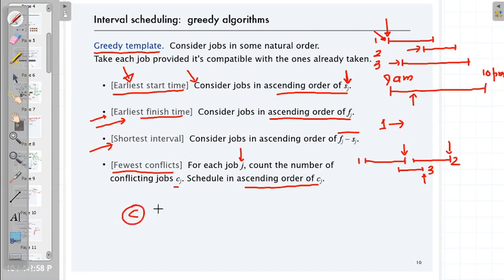According to our algorithm, this job has the lowest finish time, so job 1 will be considered first.